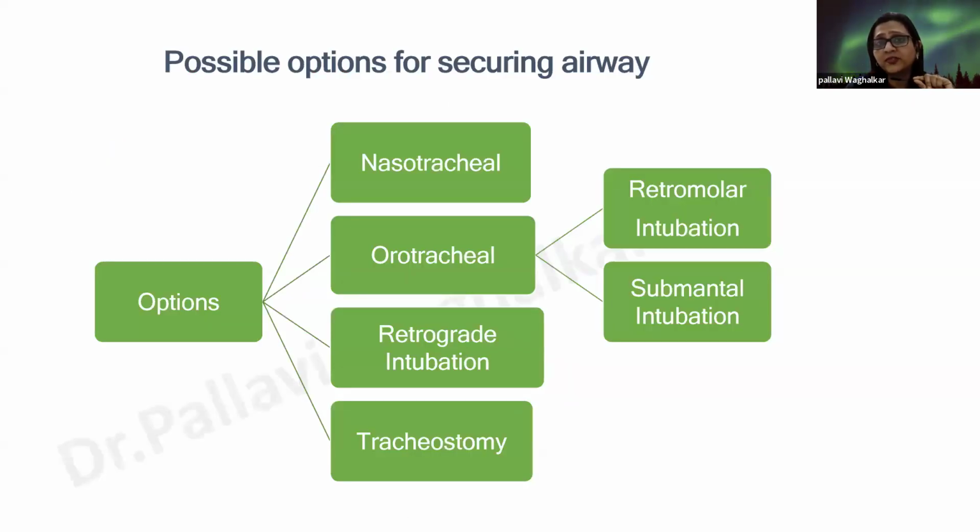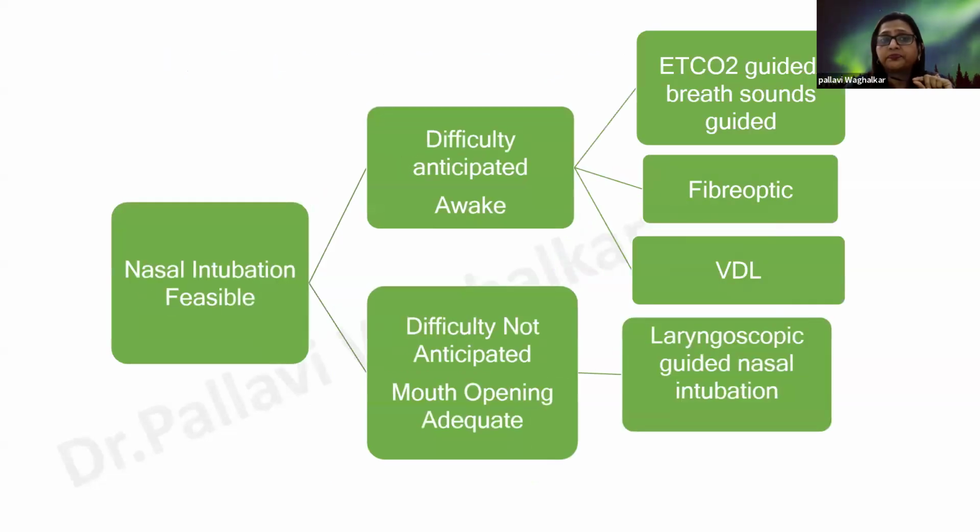What are the possible options when securing the airway in these cases? Nasotracheal, orotracheal, retrograde intubation, and tracheostomy. In orotracheal, there is retromolar intubation and submental intubation. Nasal intubation, if possible, like if there is no basal skull fracture and the lamina papyracea and cribriform plate on CT PNS are intact, you can go ahead with nasal intubation.